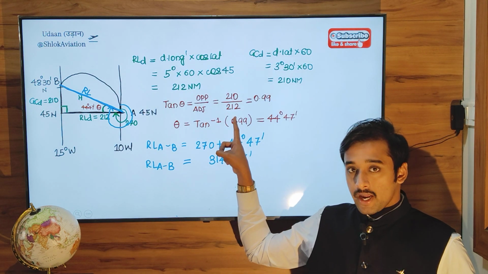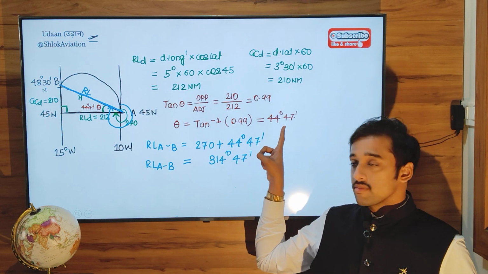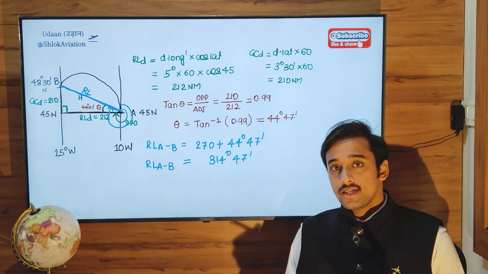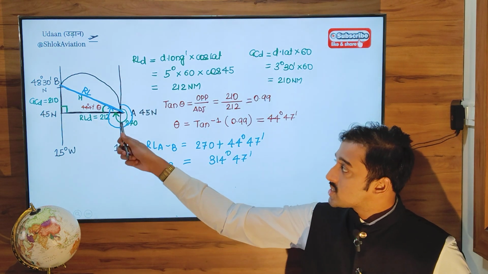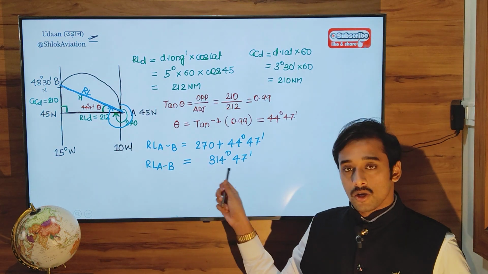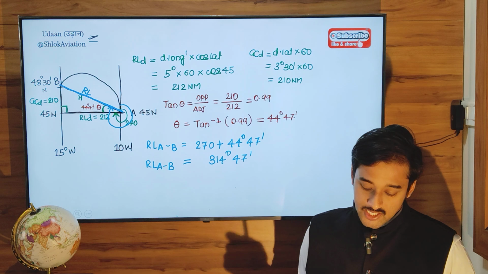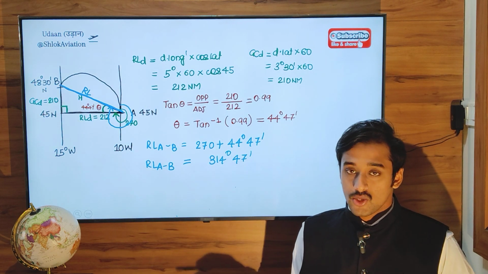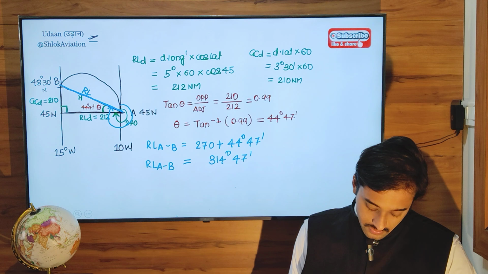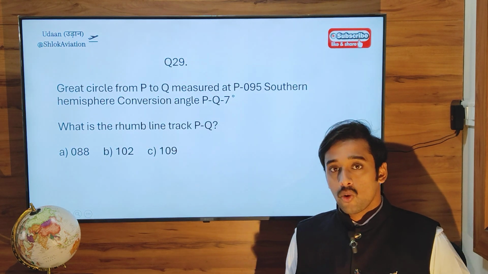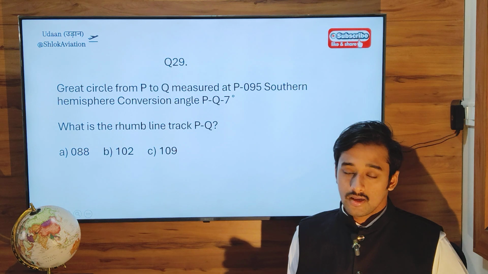Substitute the values appropriately, find the angle. And then, as you can see from the diagram, the Rhumb line track is a combination of this 270 plus this extra angle, which is a total of 314. This particular example is unique, other examples are similar. So practice this question properly, till you get it perfectly right on your own without any external help.